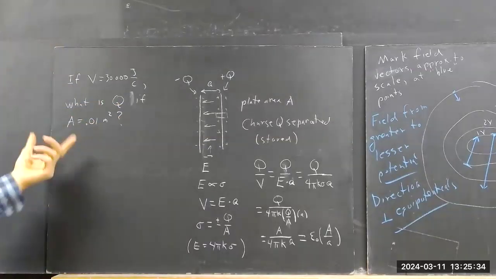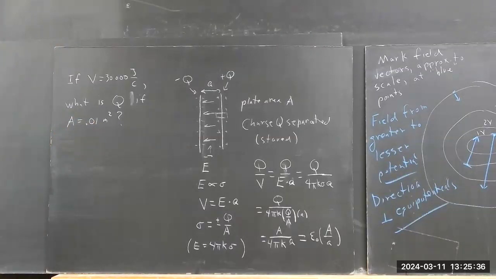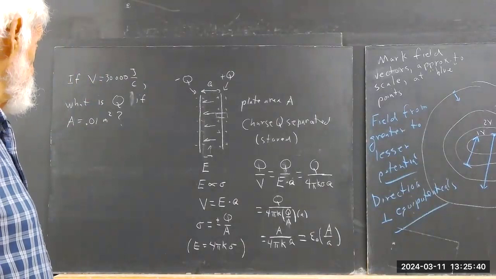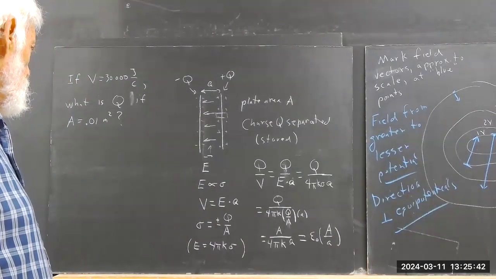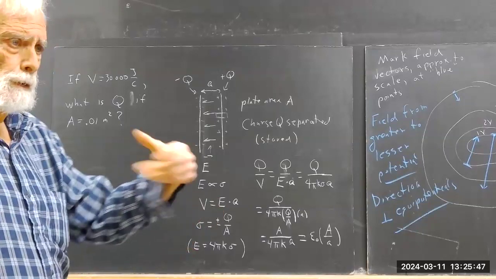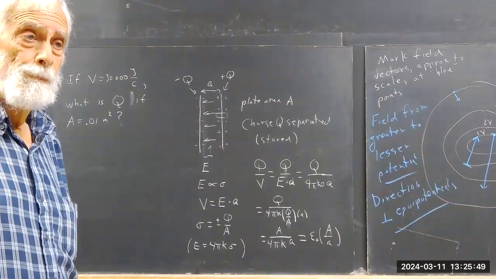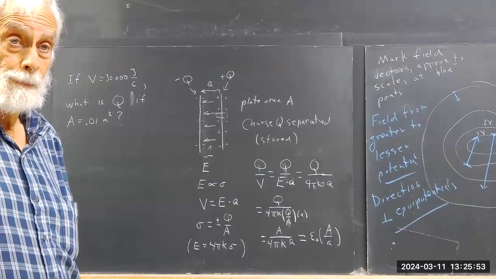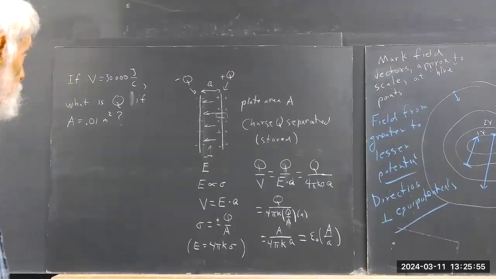What's Q if the area is 0.01 square meters? We've got a circle of 10 centimeter diameter. So the squared radius is 0.01 square meter.